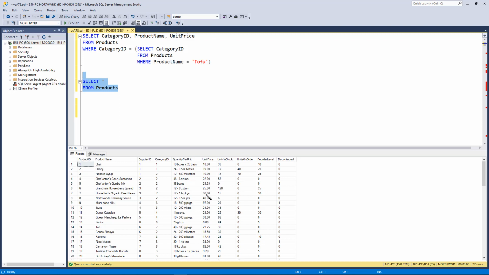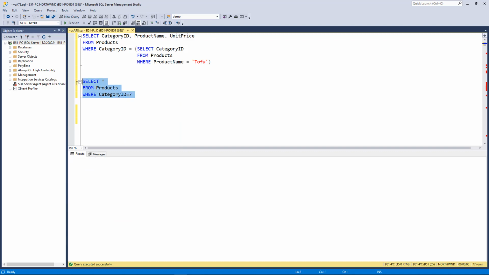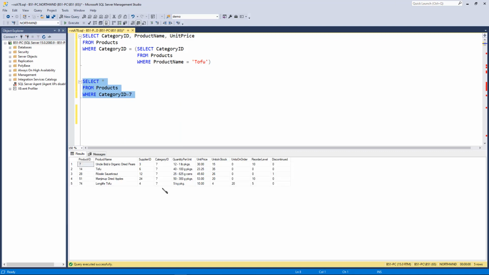But we want only the products that their category is the same as the product of tofu. Here's tofu. It's 7. So we can write where the category ID equals 7. And what we get is the data for category 7.